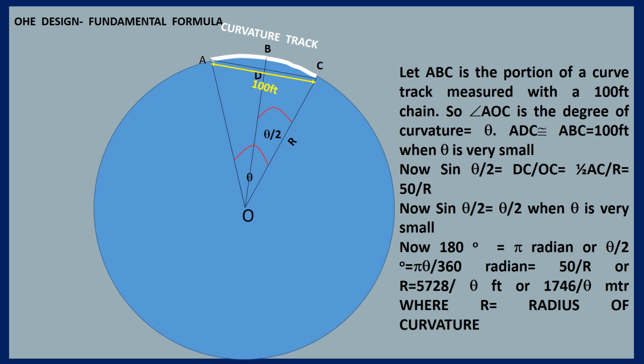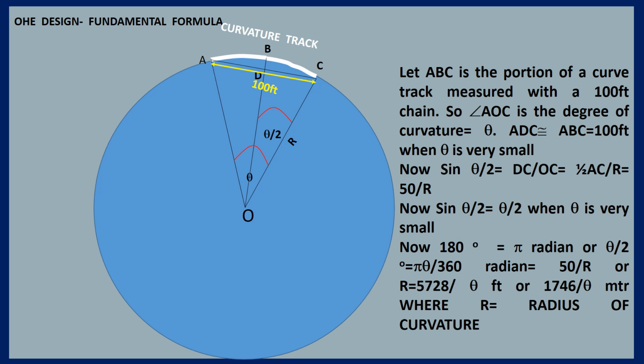Now if you think of the triangle DOC, then sin theta by 2 is equal to DC by OC. DC is equal to half of AC, that means 100 divided by 2 is equal to 50, and OC is our radius of curvature.